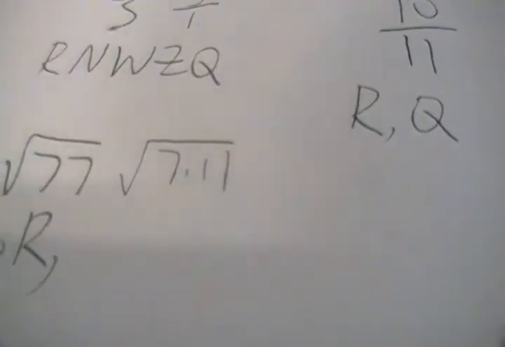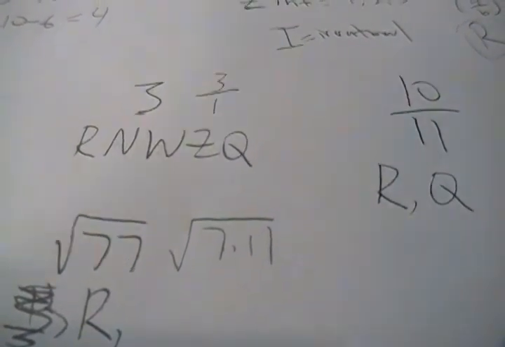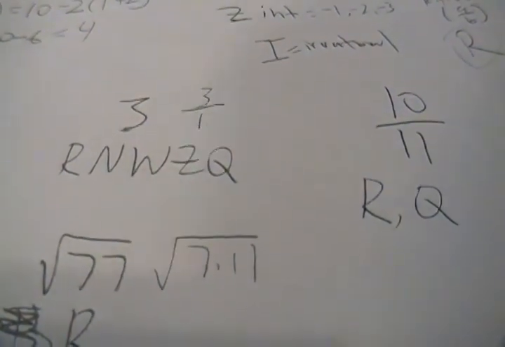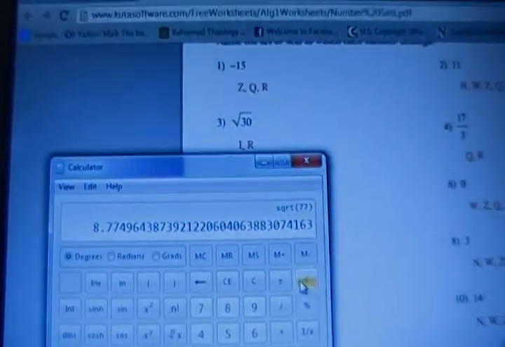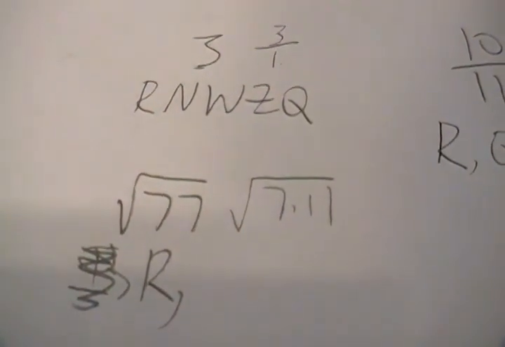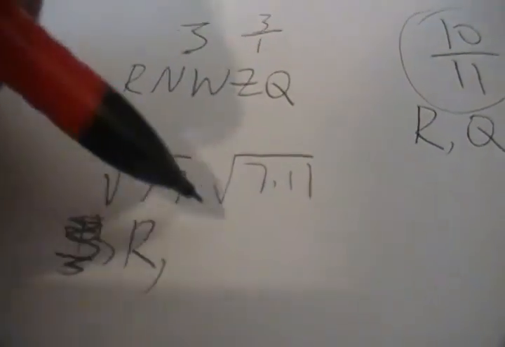So let's figure out what the value of square root of 77 is. So take the square root of that, and I'll show you on the calculator that it just keeps going and going and does not repeat itself. So any number that you can't write as a rational, like this, and it just keeps going, that's what we call irrational.